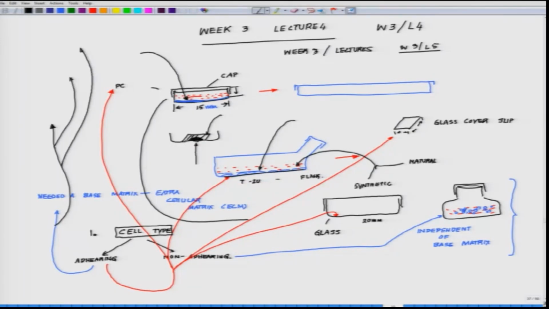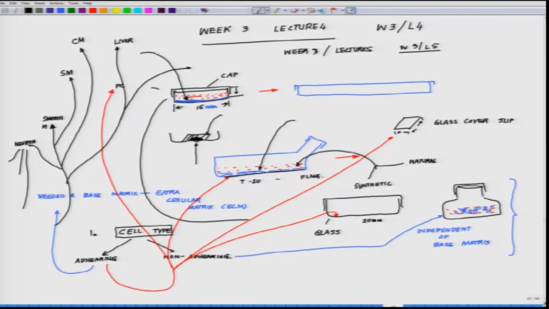Is it cardiac muscle, or skeletal muscle, or smooth muscle? Is it a neuron, and what neuron within them? Different neurons have different requirements, which will come in the specialized section. Or is it liver cells?